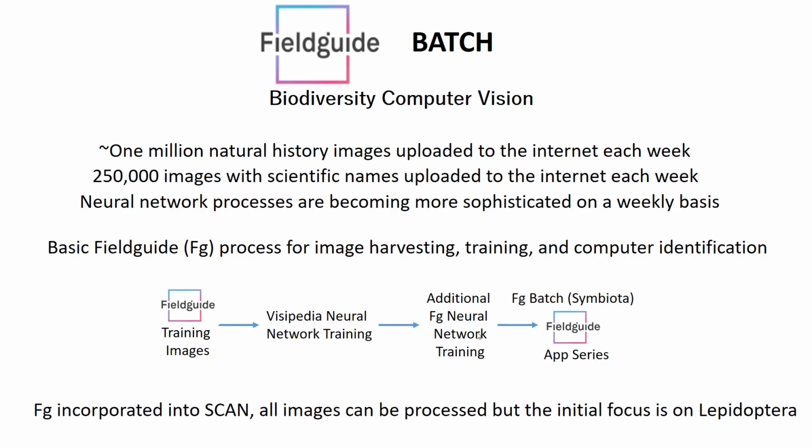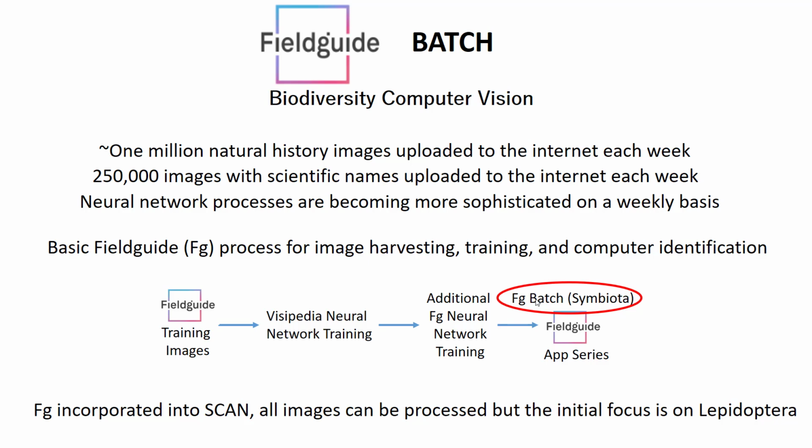They add their own neural network training and then provide services either through their two phone apps, iOS or Android, or FeildguideBatch, which is a module sort of built into Symbiota and fed through a FeildGuide API.